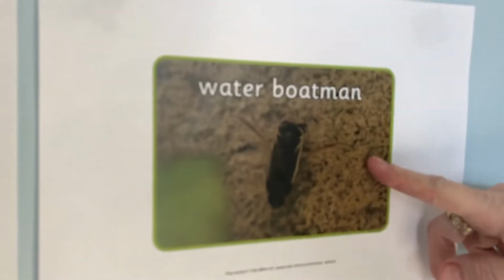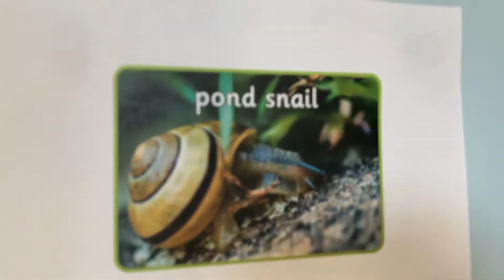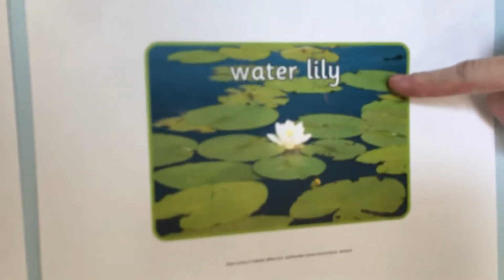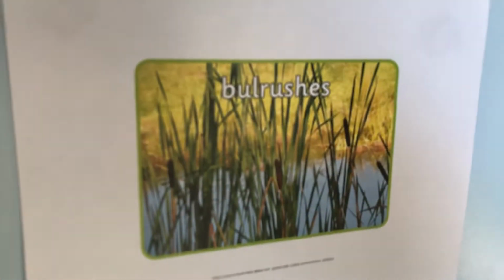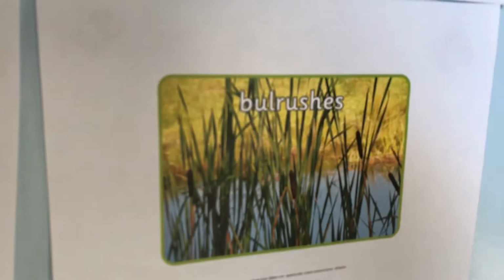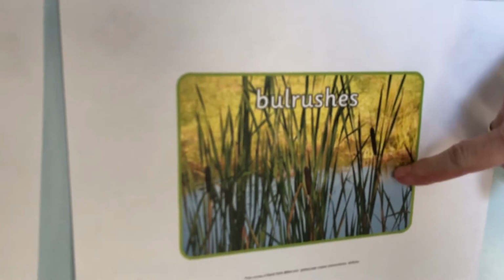Water boatman. A tadpole. Pond snails. Water lilies. Pondweed. A pond skater. And cattails. This bulrush is the scientific name, but we always call them cattails.